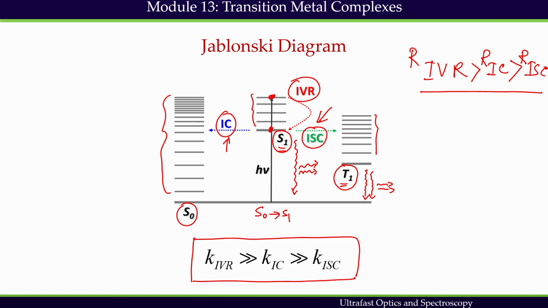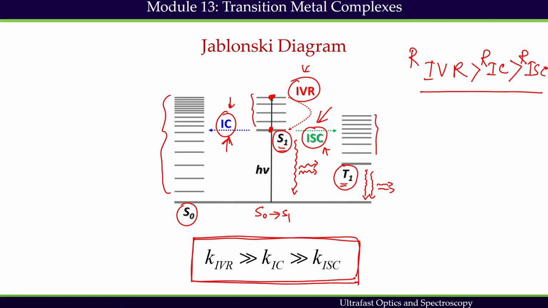So, IVR is a process involving only one state, and that's why it is the fastest process. On the other hand, IC and ISC involve two different states, but there is a major difference. IC involves the same spin state. It doesn't change the spin state. That's why it is faster than ISC. This is a very well accepted trend in photochemistry and photophysics.